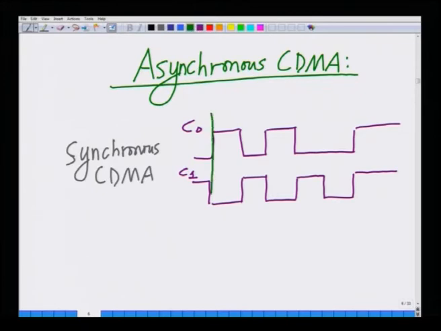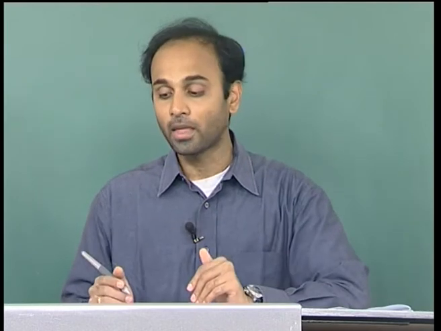I have the edges aligned. I have the CDMA code sequences aligned. What that means is the base station aligns this, multiplies the symbols, sums this up, transmits them in the downlink.